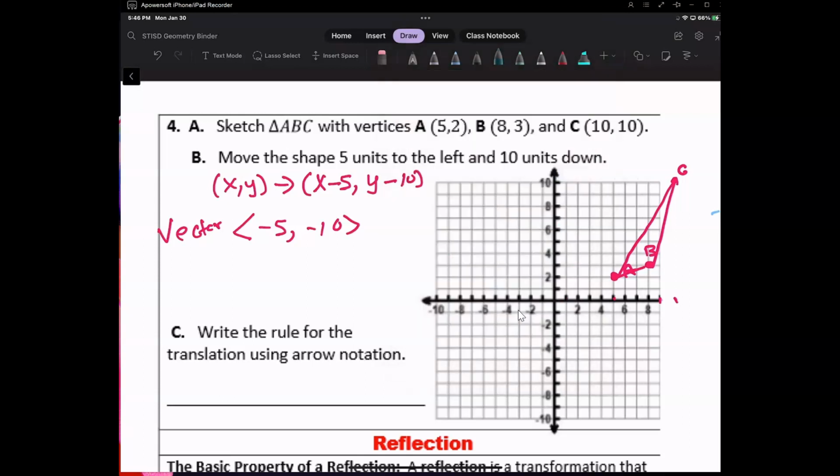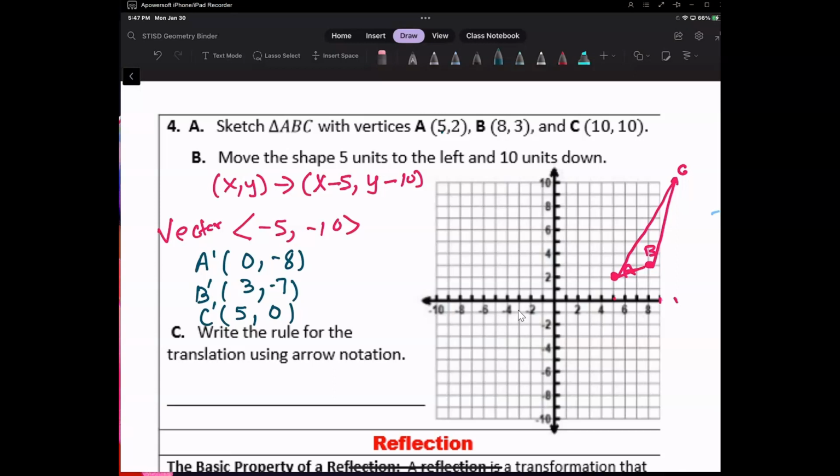Okay. So we have 5 minus 5. This is A prime. 5 minus 5 gives you 0, comma, 2 minus 10 is negative 8. B prime. We have 8 minus 5, which is 3, and 3 minus 10 is negative 7. And then C prime is 10 minus 5, which is 5, and 10 minus 10 is 0.